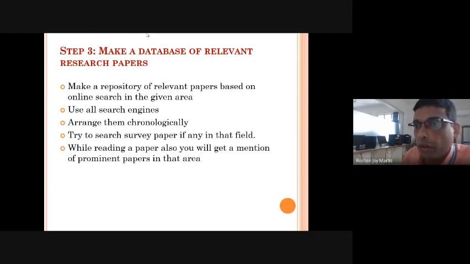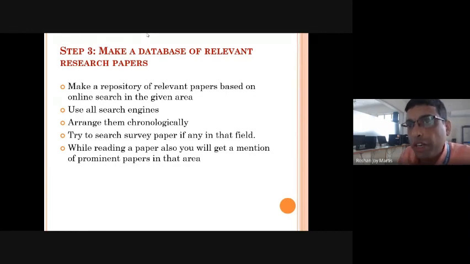Then you read the title and abstract, then drop the papers which are not aligned to the aspect you are investigating in your research. If they are not aligned, you drop them, find more relevant papers in that area, and finally you retain some 30-40 papers.